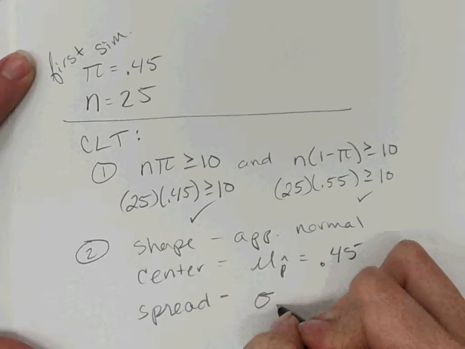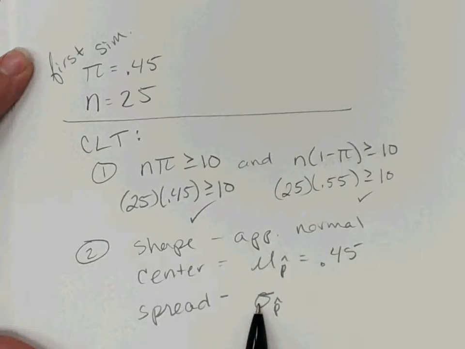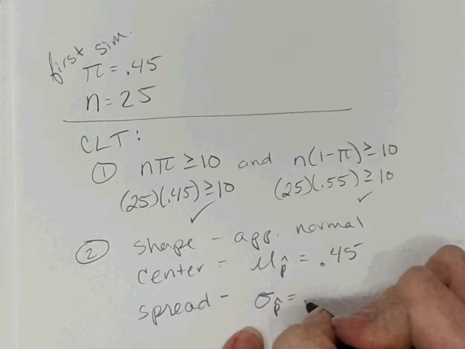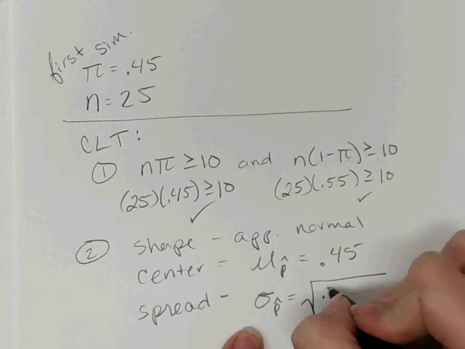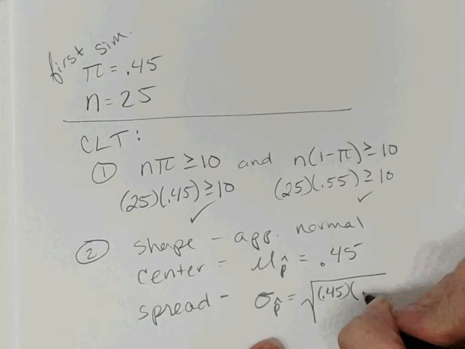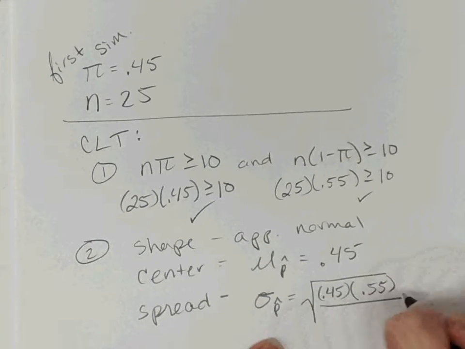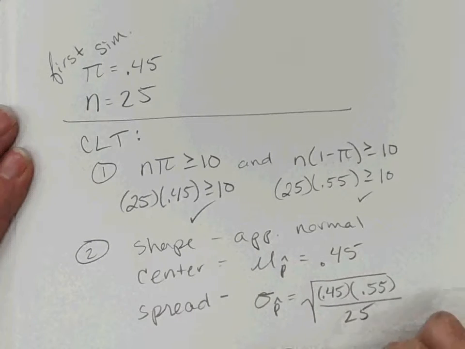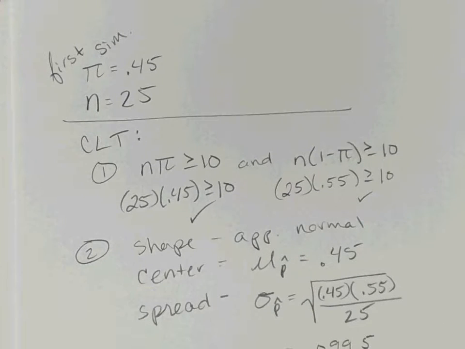So the sigma sub p hat, the standard deviation of all of my p hats, is equal to the square root of 0.45 times 0.55, divided by my sample size, which is 25. And I get 0.0995. This was a 4, but it rounds up because it's 49.